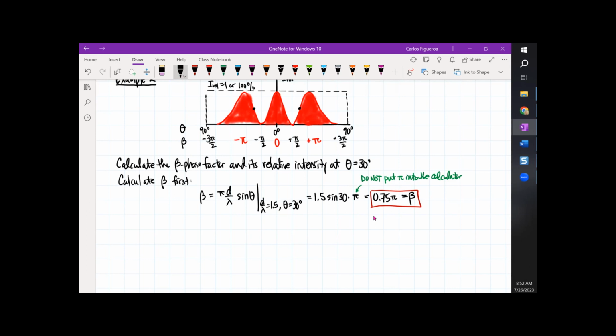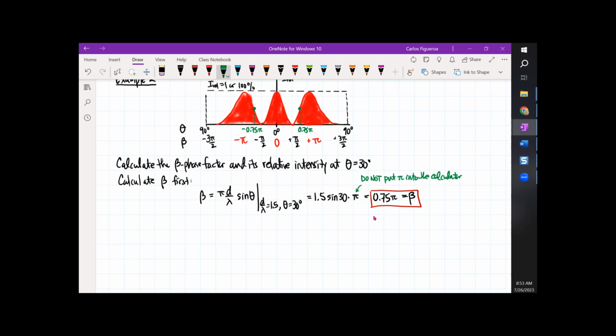Maybe I should do this in a different color. This guy right here, I'm going to say, is 0.7 pi, and this location here is minus 0.7 pi. That's my guess. It looks like it's right in between 0.5 and 1. It looks like it's smack in the middle.